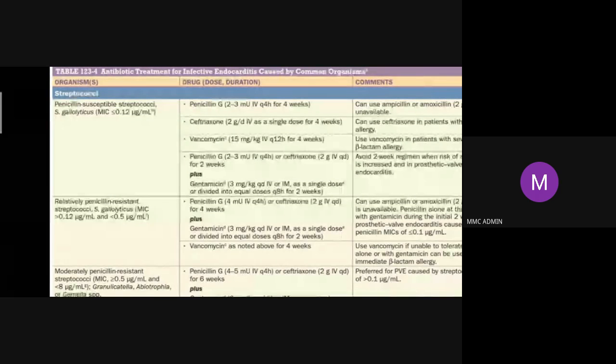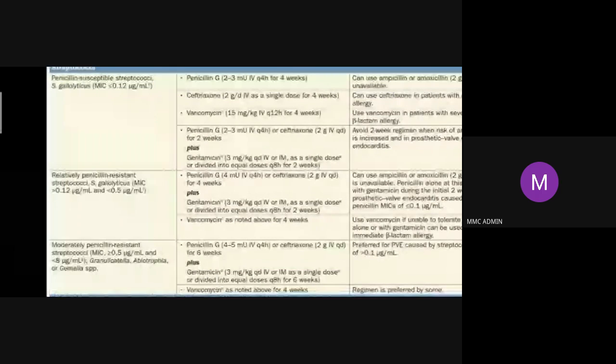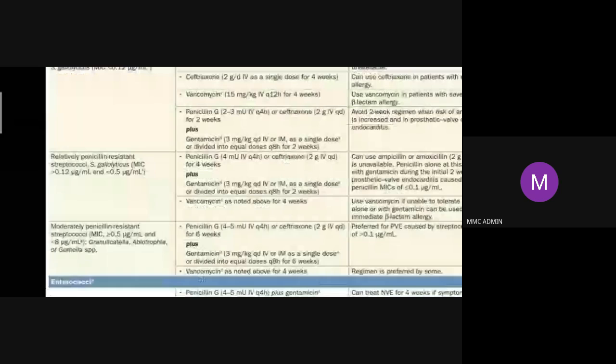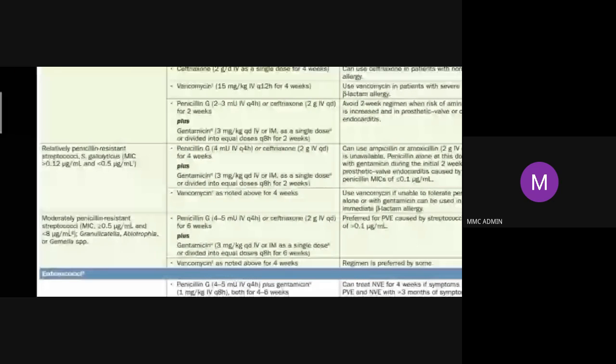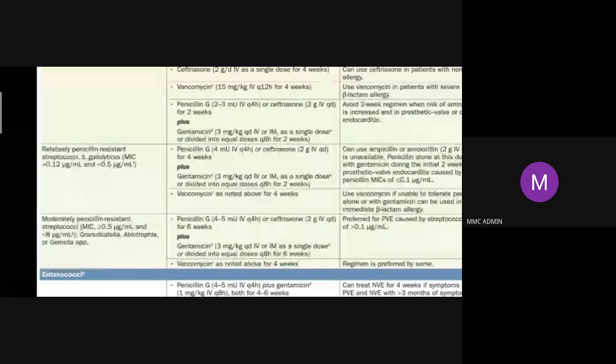If it is a penicillin-susceptible streptococcus, we will give penicillin, ceftriaxone, or vancomycin. If the organism is relatively penicillin resistant, we will give penicillin G or ceftriaxone plus gentamicin, and vancomycin also we can give, for 4 weeks. For moderately penicillin-resistant streptococci, we will give gentamicin as a single dose or divided into equal doses.